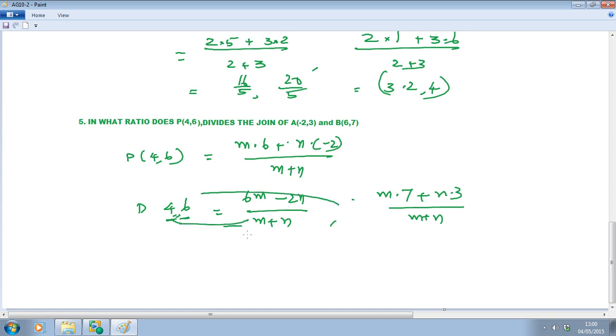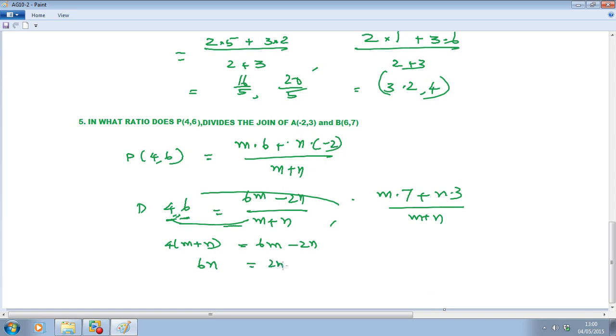We cross multiply: 4 multiplied by (M plus N) equal to 6M minus 2N. So 4M you take this side, 2N, it takes that 4N, 6N, is equal to 2M.